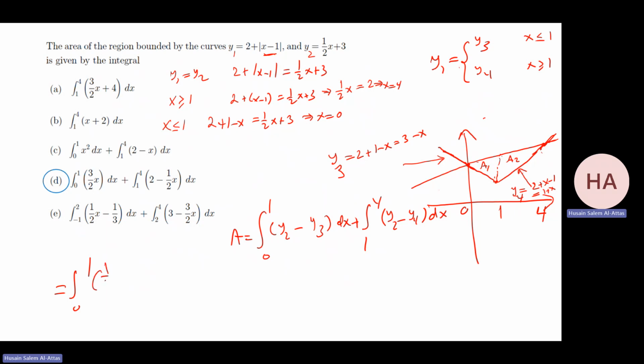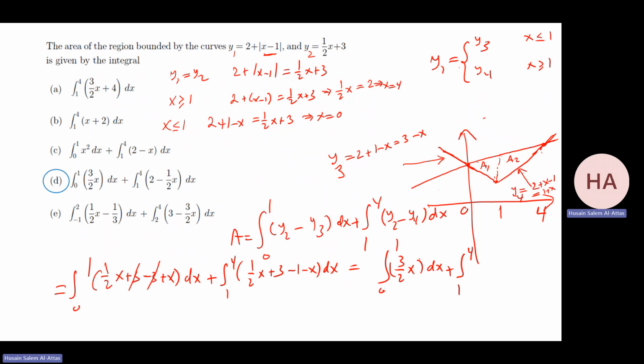y2 will be 1/2 x plus 3, and y3 is minus 3 plus x, dx. And from 1 to 4, y2, half x plus 3, minus y4, which is minus 1 minus x, dx. So that gives me from 0 to 1, 3 over 2 x dx.